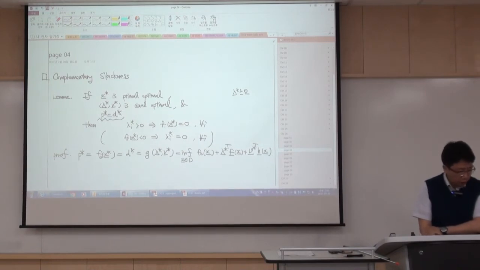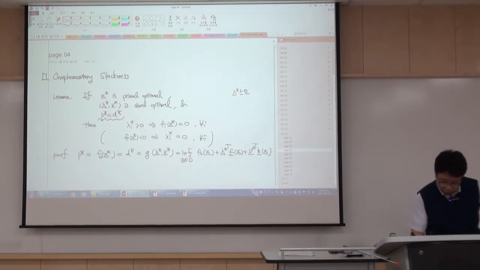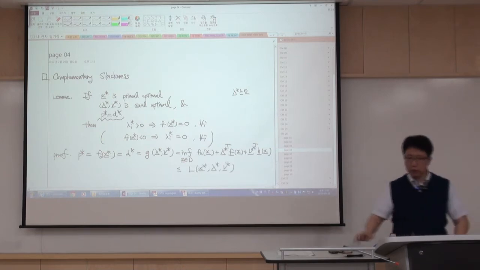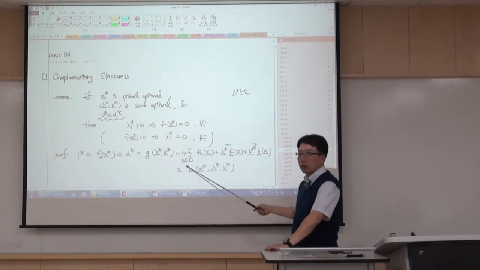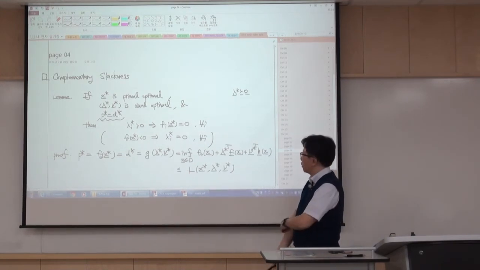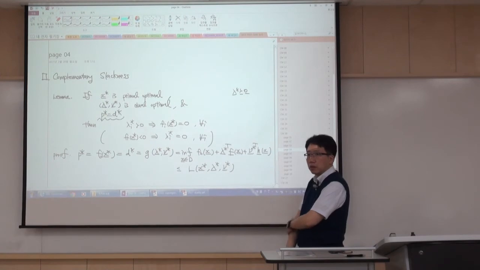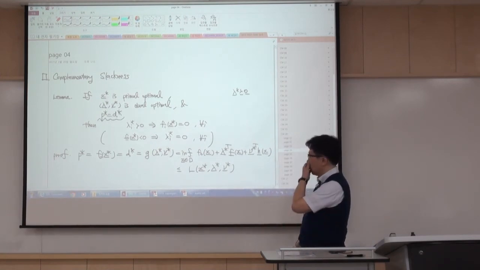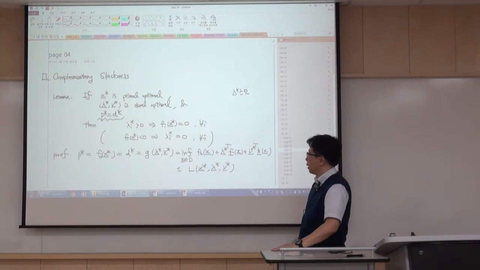Now, let's compare this one with, let me write it like this, L of x star, lambda star, nu star. By the way, why does this inequality hold? Why?